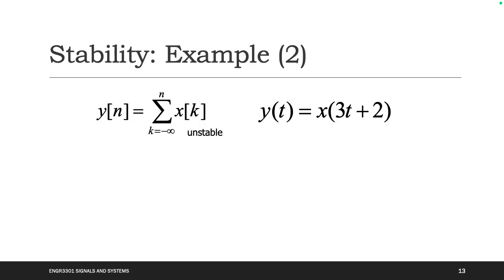This is x(3t+2). If x(t) is bounded, then this is just y(t). Is y(t) bounded? Yes, because this one is bounded, and it's just adding 2 and 3 to some t. So this one is stable. That makes sense to you?